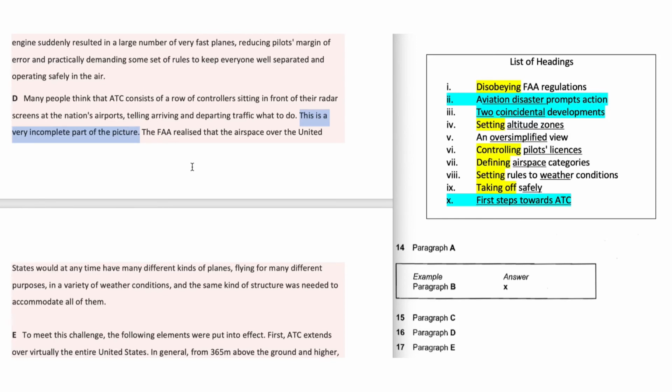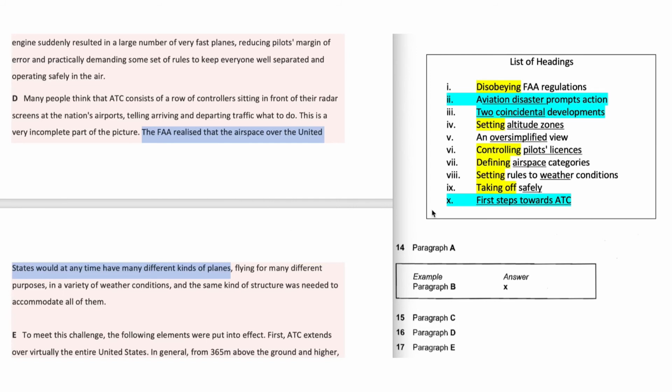So here you've got the contrast to that opinion, to what people were thinking. And then it says the FAA realized that the airspace over the United States would at any time have many different kinds of planes, and then they would fly to different destinations in different weather conditions, and so there was some sort of structure that was needed.